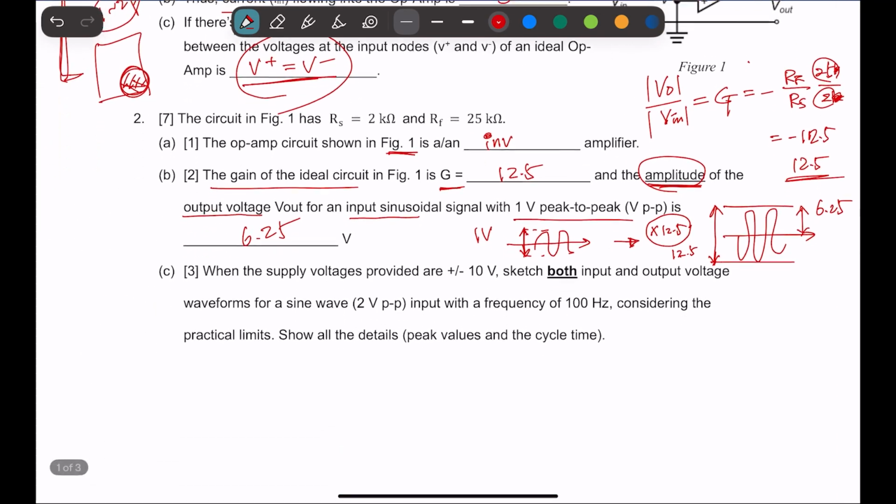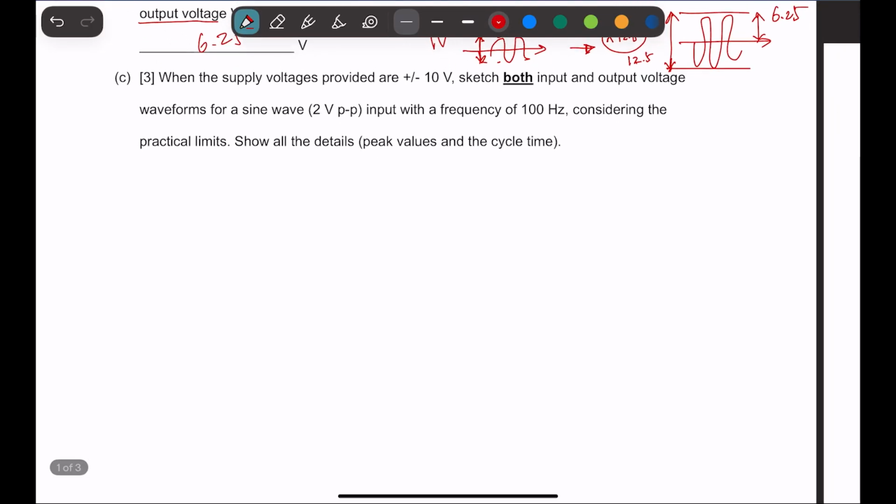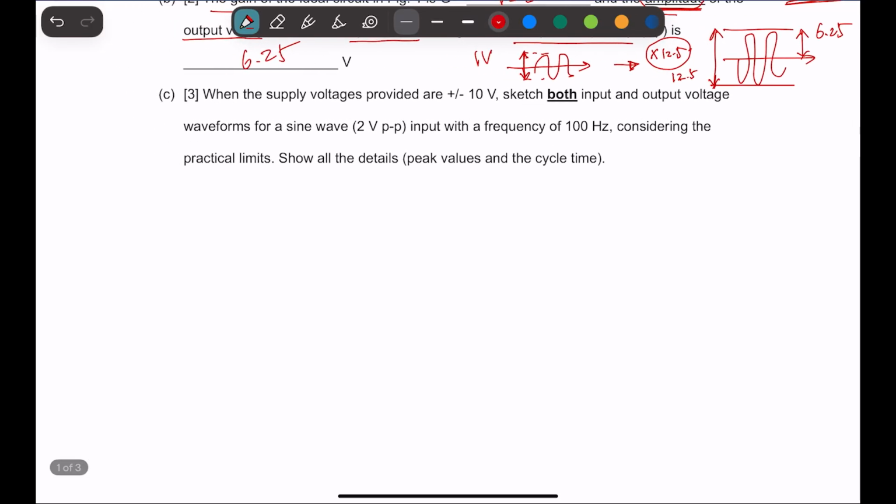And the next problem is about this one here. When the supply voltage was plus or minus 10 volt, sketch both the input and output waveforms for a sine wave input with a frequency of 100 hertz.